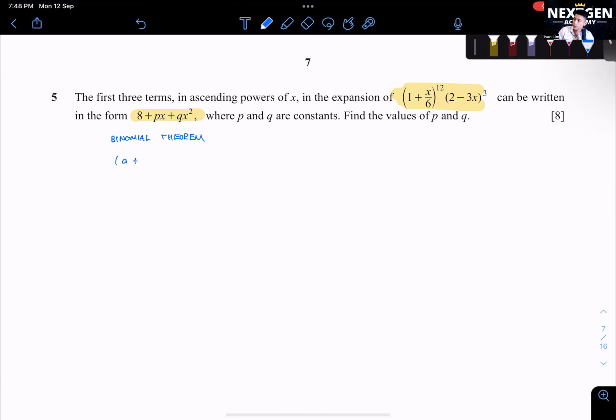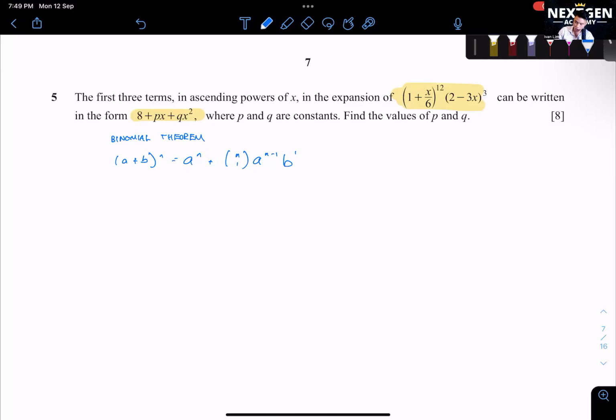Like this: a plus b to the power of n equals a to the power of n, plus nC1 a to the power of n minus 1 b. You can add on to this to remind yourself what you are actually doing here. It's actually b to the power of 1. So your value at the back will keep increasing, 1, 2, 3, 4, 5, whereas this value here will keep on decreasing. You start with the n value, then you keep minus, minus, minus.